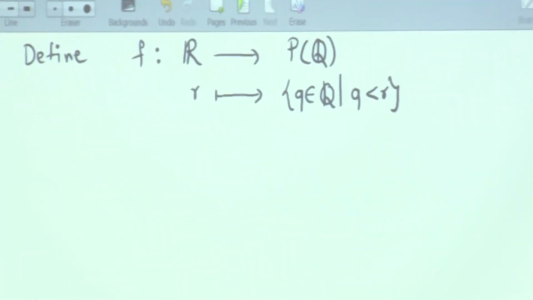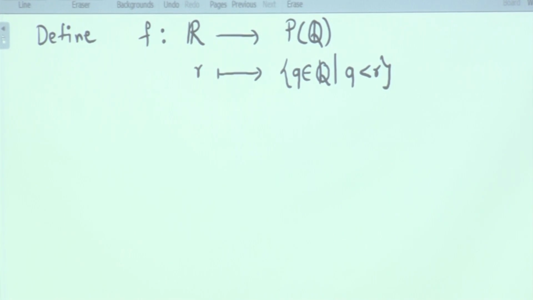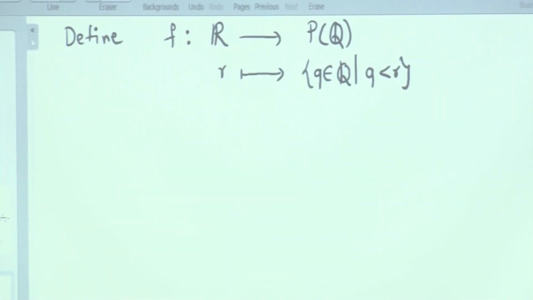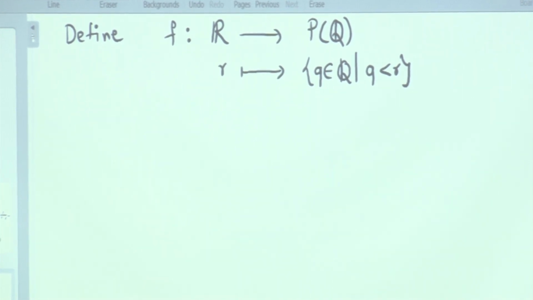So if we are talking about root 2, then we will map it to all the rational numbers which are smaller than that. You can take a monotone increasing sequence in that which converges to the real number r.